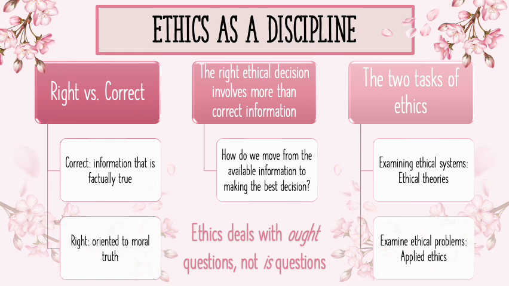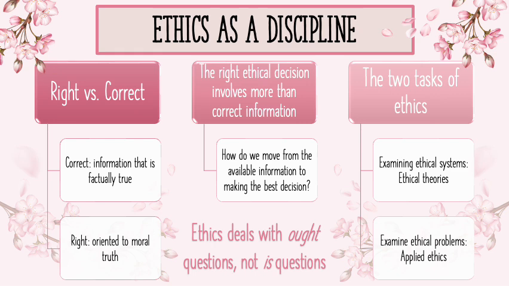I want to pause for a minute and focus on this idea of right and wrong, and really focus on the concept of right. Oftentimes, people use the word right and correct interchangeably, but when it comes to the discipline of ethics, there is an essential difference between right and correct.